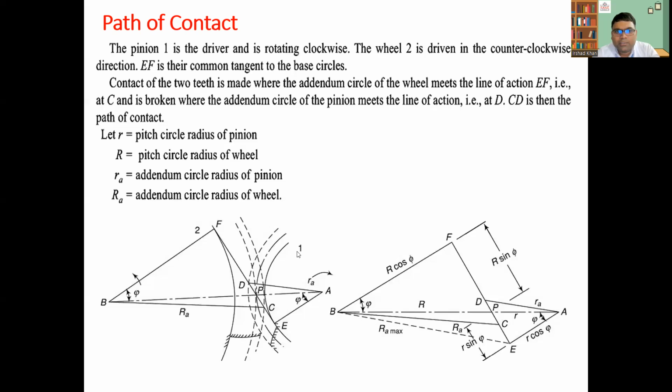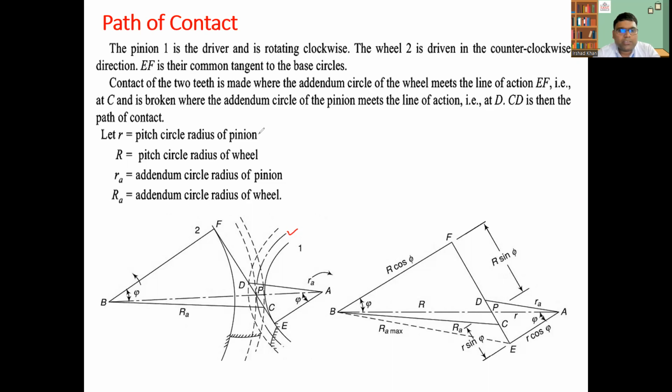To understand more about the path of contact and get its derivation, we have to assume some parameters. Small r is the pitch circle radius of the pinion. This is the pinion and this middle circle is called the pitch circle.